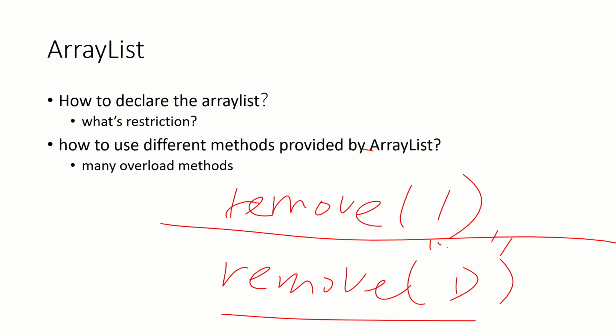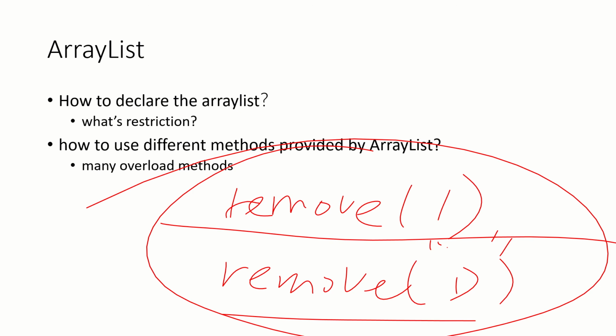Okay, first you need to know these two are overloaded methods, right? The second, the return type will be different. Okay? Yes? All right. So check the list I explained in the class, the array list methods.